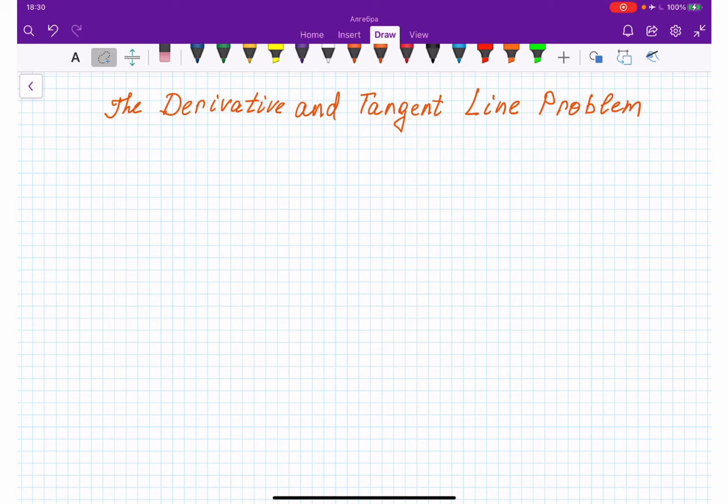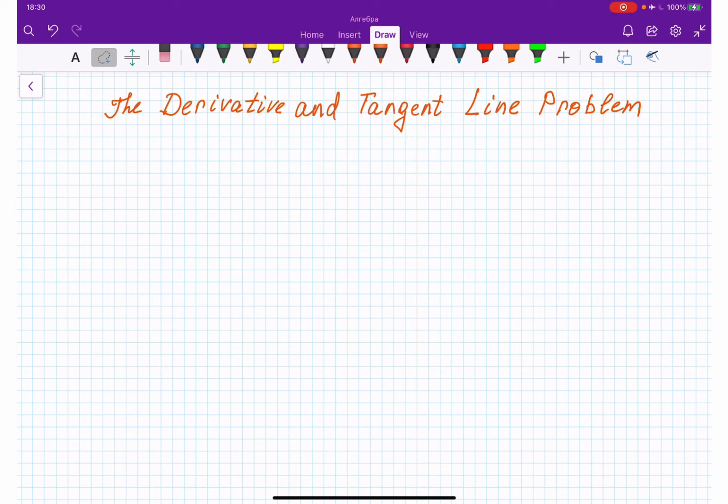It's not difficult, but you just need to understand terminology and figure out what a tangent line is and what information we can gather from a tangent line.